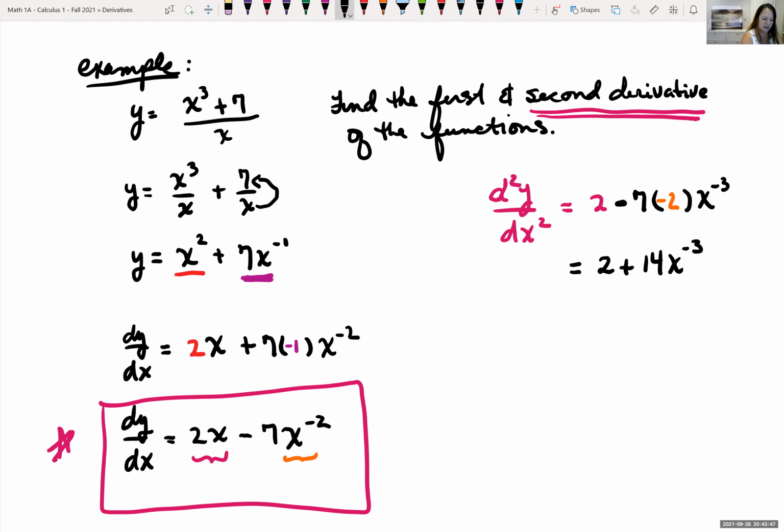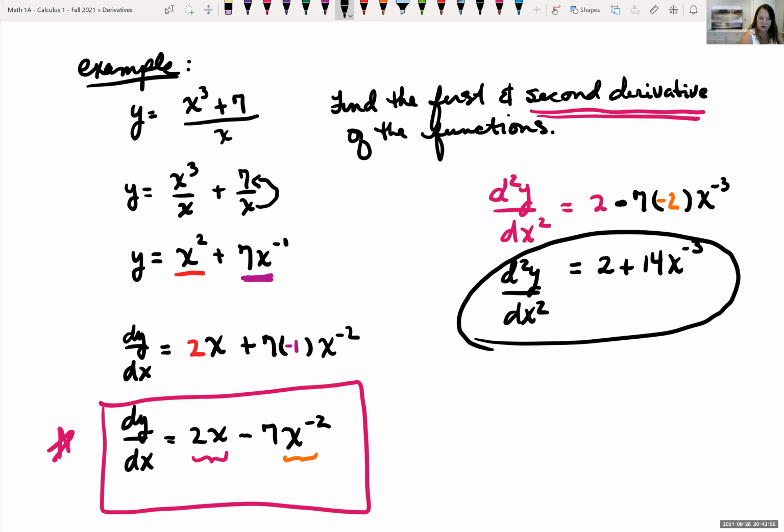So this is our second derivative. And if I wanted to, I could rewrite these without negative exponents by bringing that exponent piece down to the denominator. So this is the same thing as 2 plus 14 over x cubed.